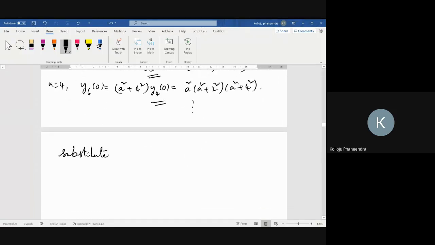Substitute all these derivatives in equation 1. Remember, y of x is nothing but f of x, and accordingly the derivatives also.